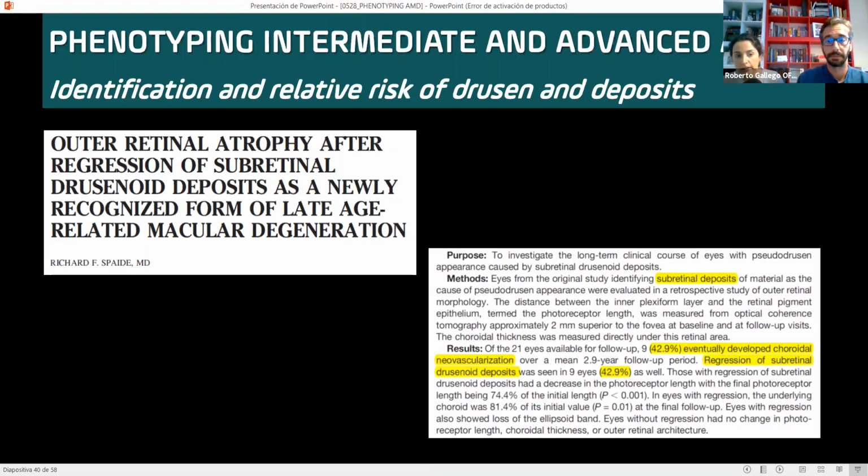I think the CAM group, including Dr. Spaide, did a great job in the classification of atrophy, and I think we will talk about that maybe later. But I'm not sure if it's another type because it's all overlap. So I will not split in more types of advanced form, just to understand what we are seeing.